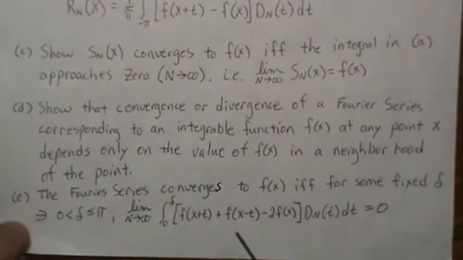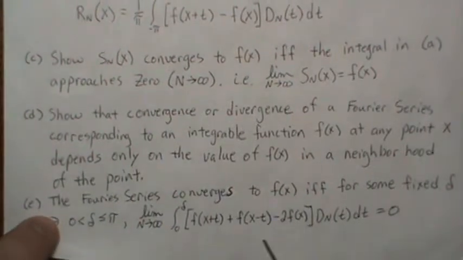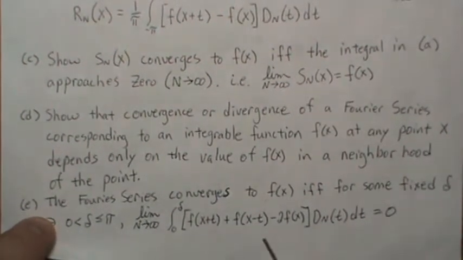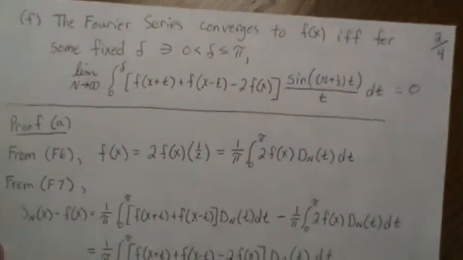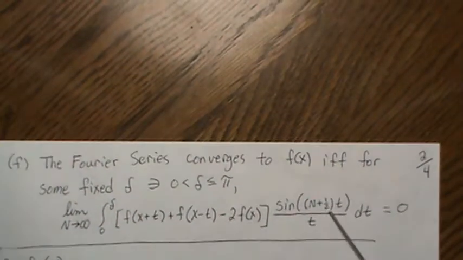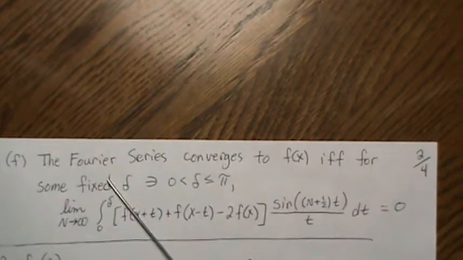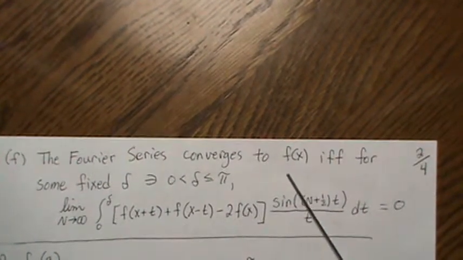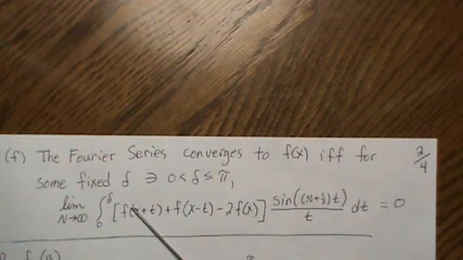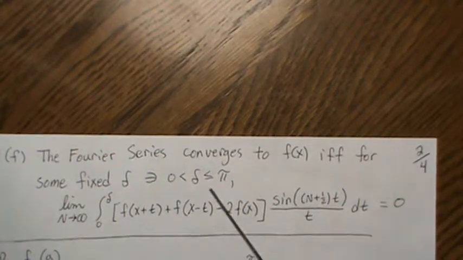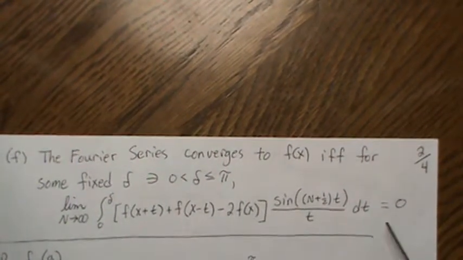And then the last one, part F, which is actually going to look very similar to this, but instead of the Dirichlet kernel, it's going to be some other function. And then we'll show this, that the series converges to f of x if and only if for some delta such that it's between 0 and pi, this integral goes to 0.